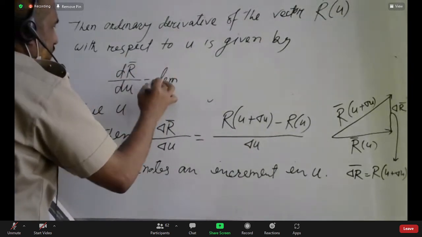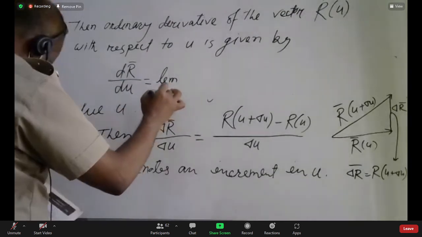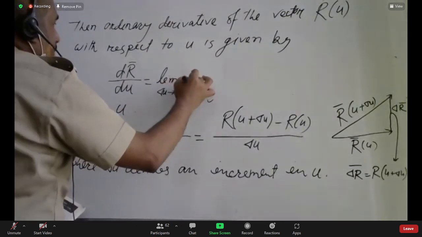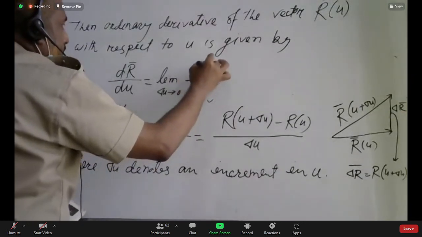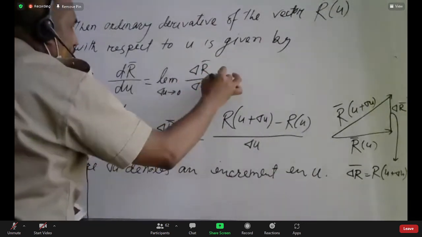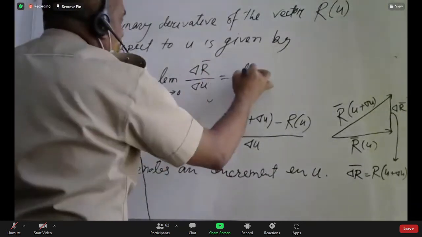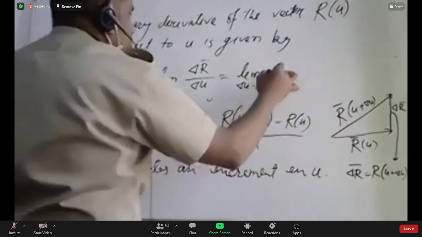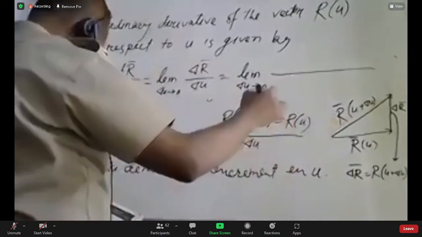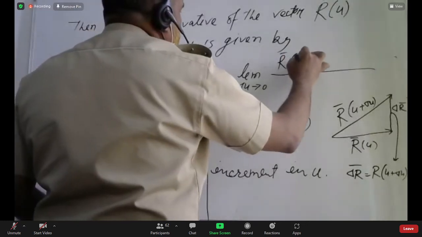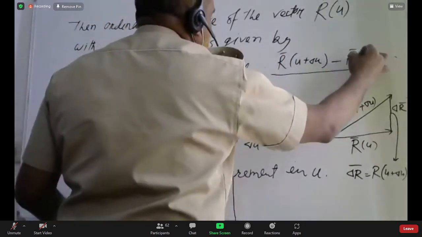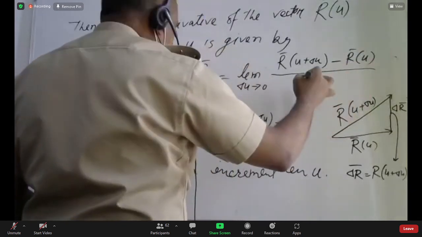The limit as delta u tends to 0 of delta r by delta u is equal to the limit as delta u tends to 0 of r(u plus delta u) minus r(u), divided by delta u.